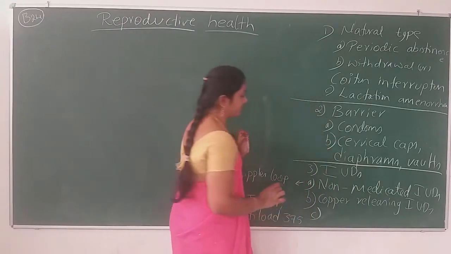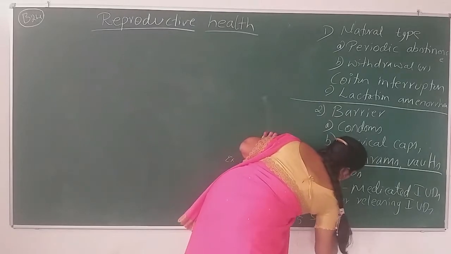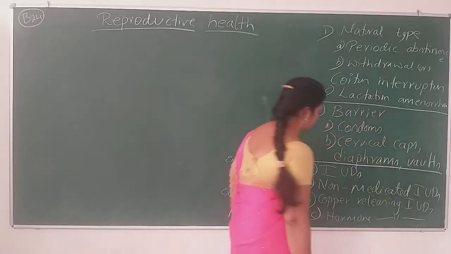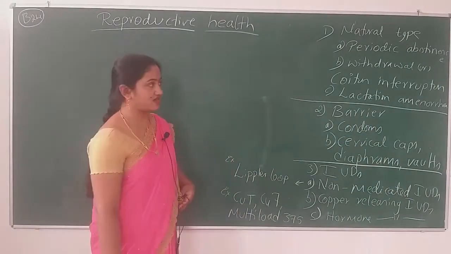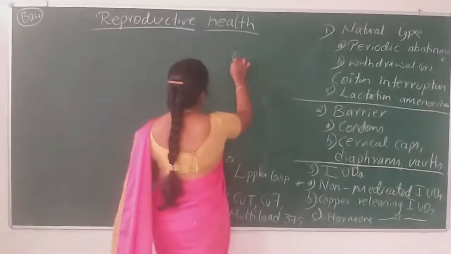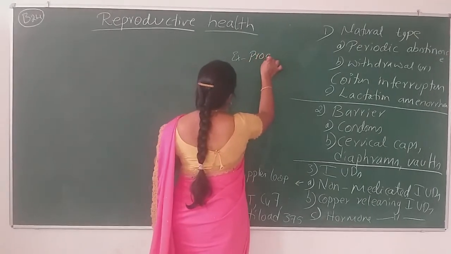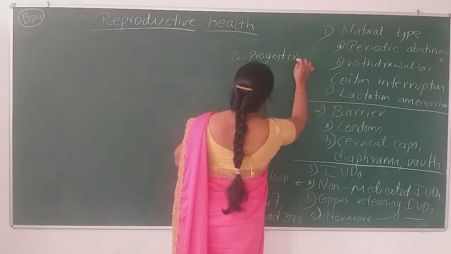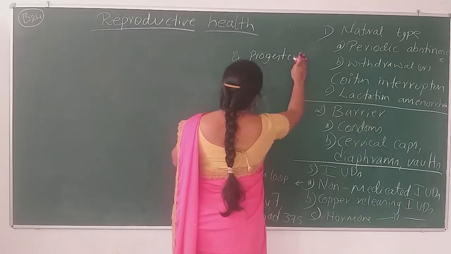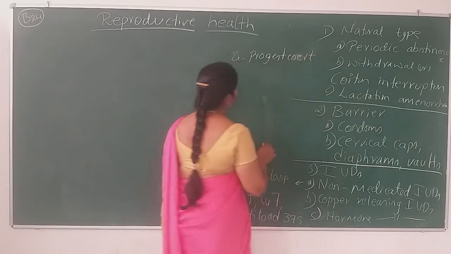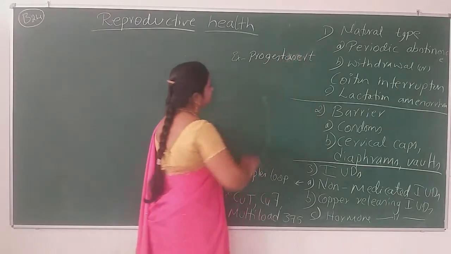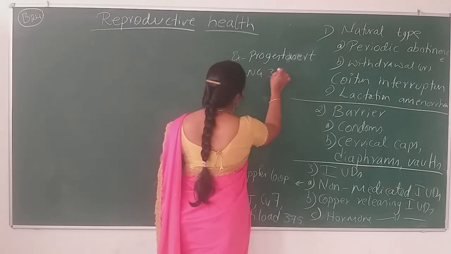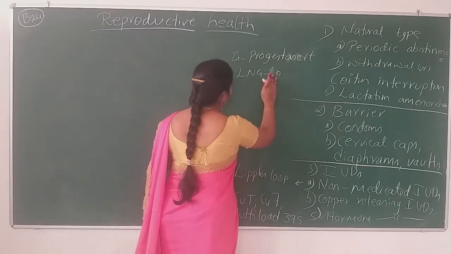The third type of IUD is hormone releasing IUDs. Hormone releasing IUDs are, I'll write here, progesterone and LNG20.